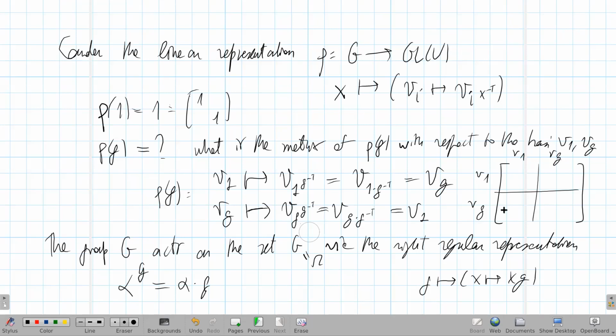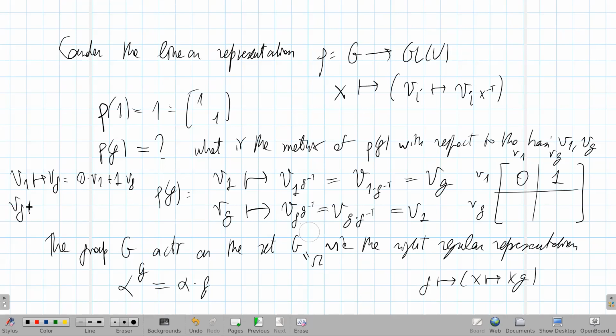So these are the labels of the rows and columns. On the first row, I will write the coefficients of the image under rho of g of V1. Now, the image under rho of g of V1 is just Vg. So the coefficients are 0, 1, because rho of g sends V1 to Vg, which is 0 times V1 plus 1 times Vg, okay? And similarly, rho of g sends Vg to V1.